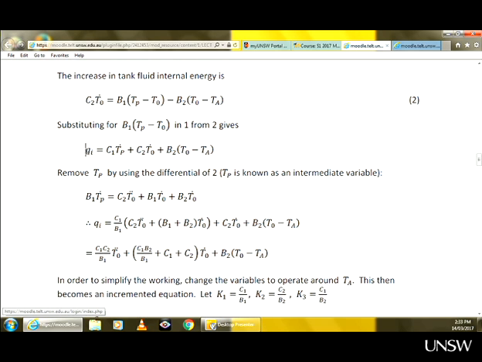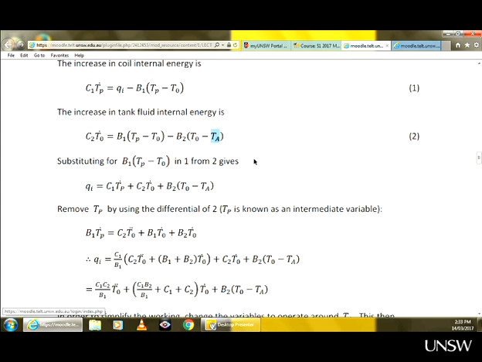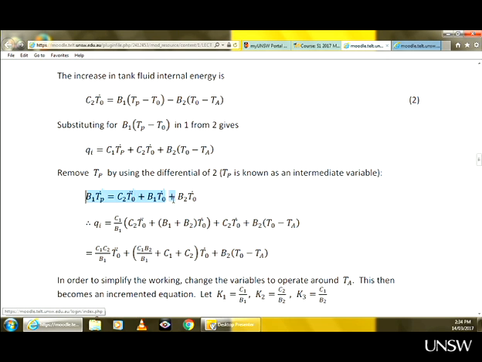Now we still have TP dot that we don't want. So we will take the second equation and differentiate it, so that will give us TP dot. Everything else will be either the input or the output: TO, TO, TO. TA is a constant, so it will disappear. A differential of a constant will be 0. So now when we differentiate equation 2, here is our differentiated version of that equation.